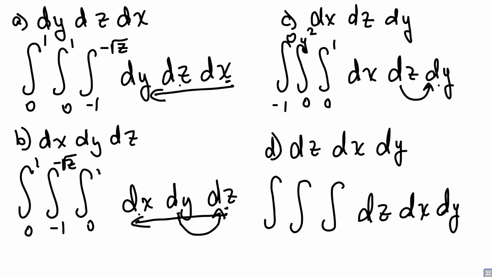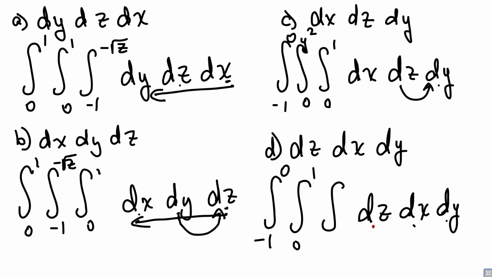Okay, so y is on the outside, so it has to be numerical. So what are the numerical values we'll use for y? -1 to 0. x is independent of everything, so all it's going to be is numerical values. So it will be what? 0 to 1.